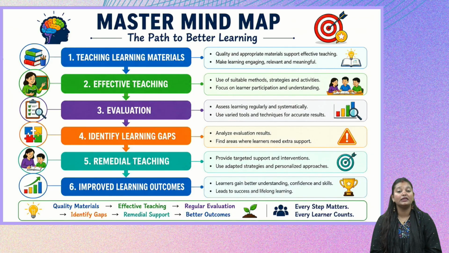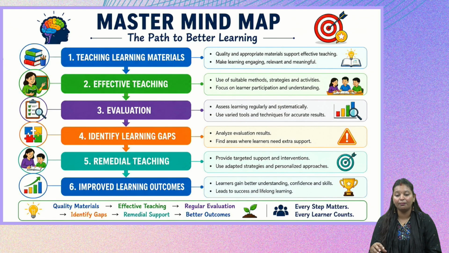The next aspect after teaching is the evaluation. This is to assess the learning of the learners and also to strategically help us to improve on our teaching learning process and also help our learners to improve and identify their shortcomings. So we identify the learning gaps, and then after we have identified, we give them remedial teaching so that they can improve their learning outcomes.